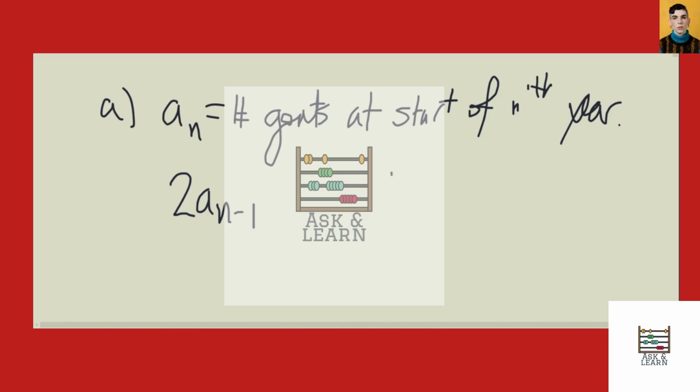So we have another 100 goats to add. And so it follows that the recurrence relation is a_n equals 2a_{n-1} plus 100.